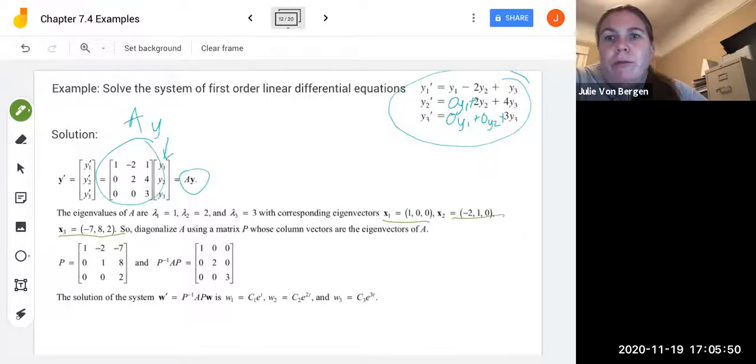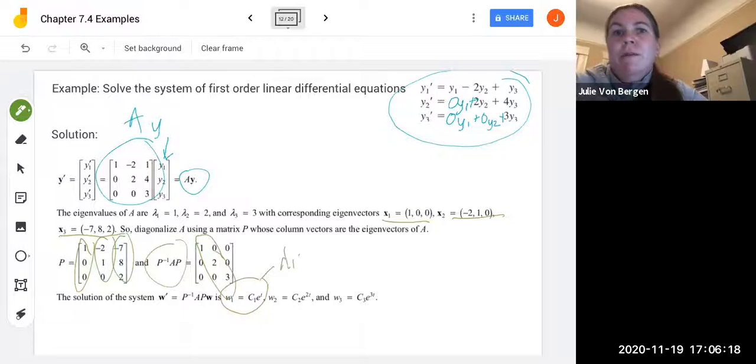And so when we set up our matrix P with the eigenvectors as the columns of matrix P and calculate P inverse AP, we get our eigenvalues on the diagonal, just what we expect. And the solution to the system, W prime equals P inverse APW, is to have W1 equals C1 e to the t because our first eigenvalue is 1.